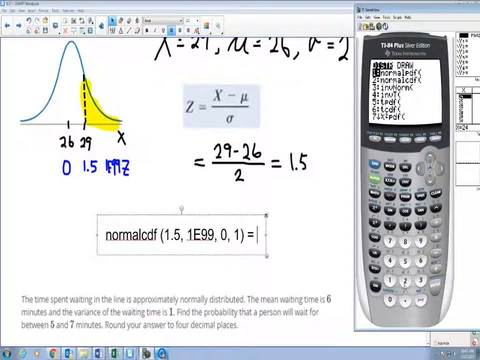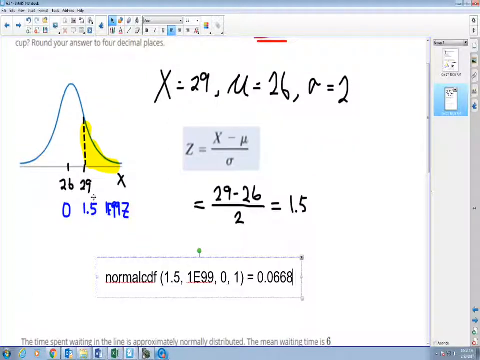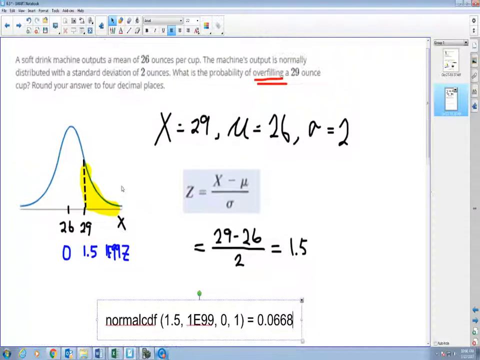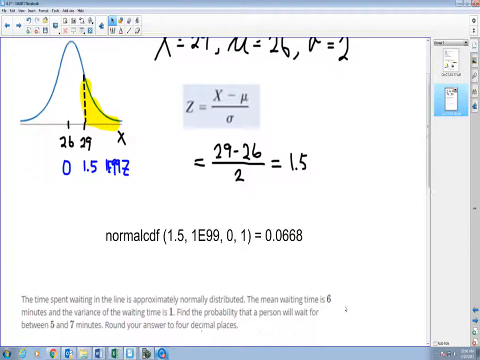Second distribution, number 2: 1.5, comma, 1E99, comma, 0, comma, 1. I get 0.0668. So I got about almost a 7% chance I will overfill a 29 ounce cup. Alright, that's all it is to it.